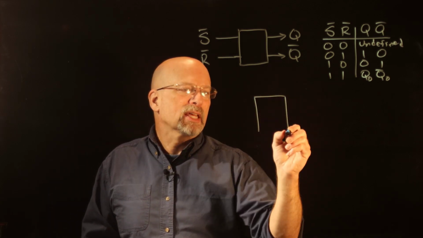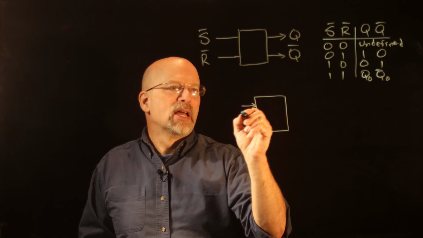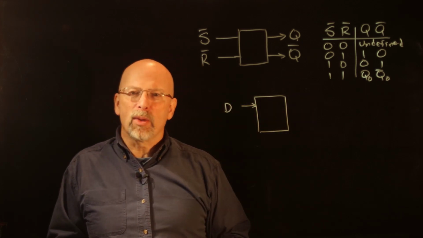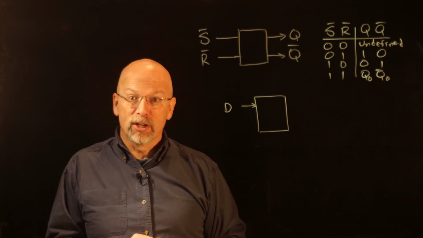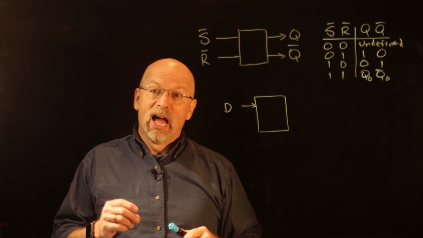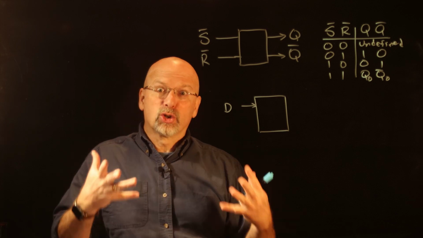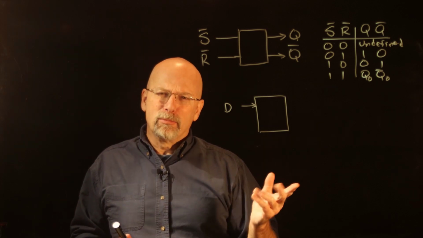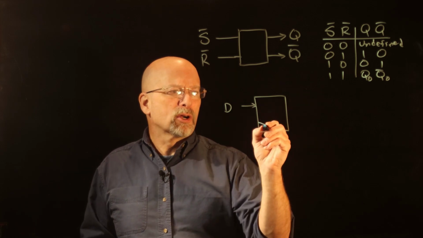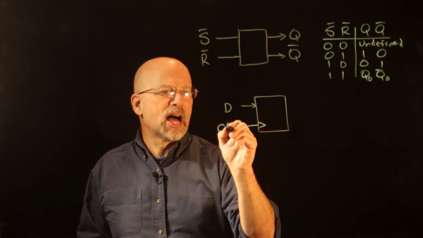Now, we can have the actual data that we want to store, D. If I want to store a 0, I put a 0 there, and I trigger it to be stored somehow. What would that trigger be? The trigger is what we're going to refer to as a clock.